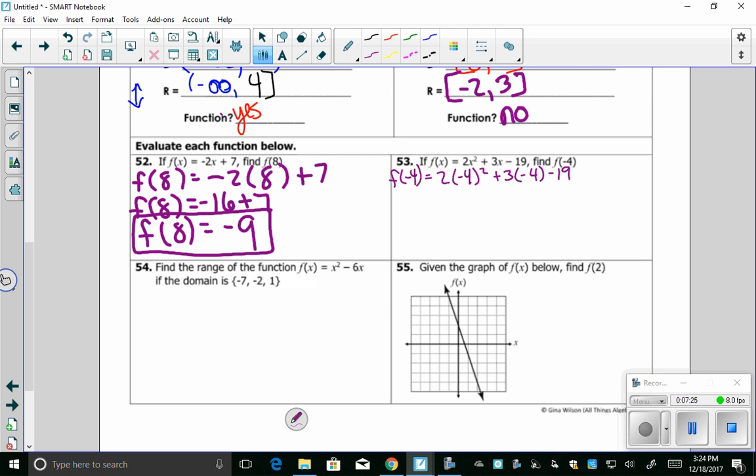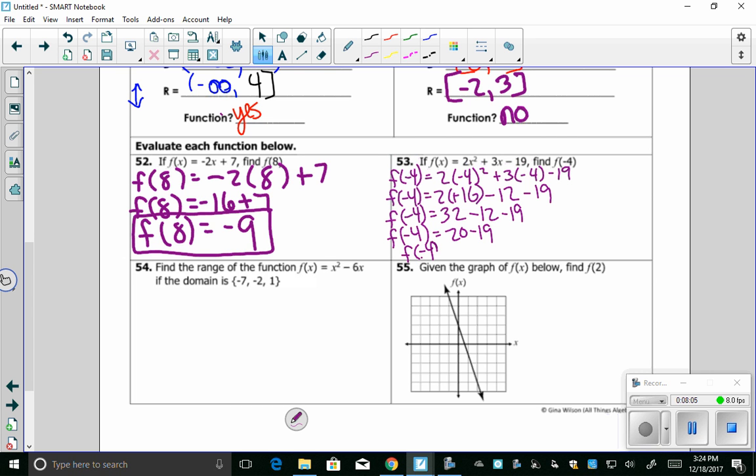So we're going to have f of -4 equals 2 times positive 16, because -4 times -4 is positive 16. 3 times -4 is -12, minus 19. 16 times 2 is 32, minus 12, minus 19. 32 minus 12 is going to give you 20, minus 19.